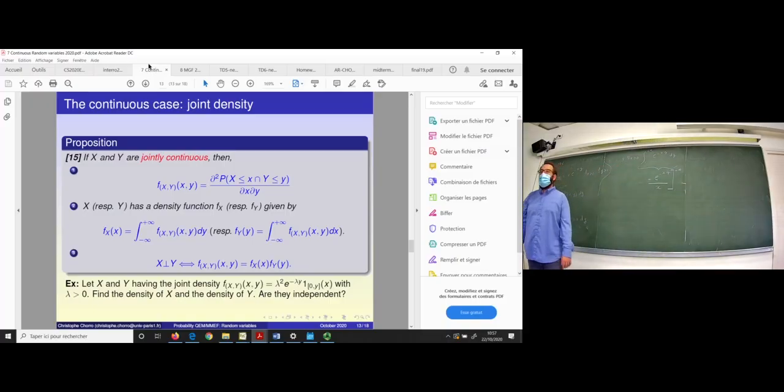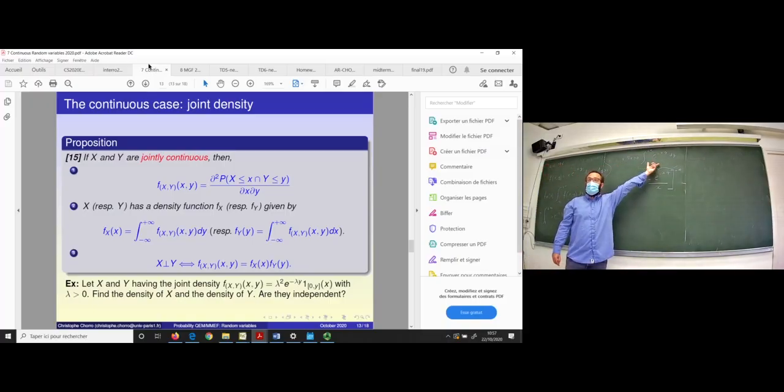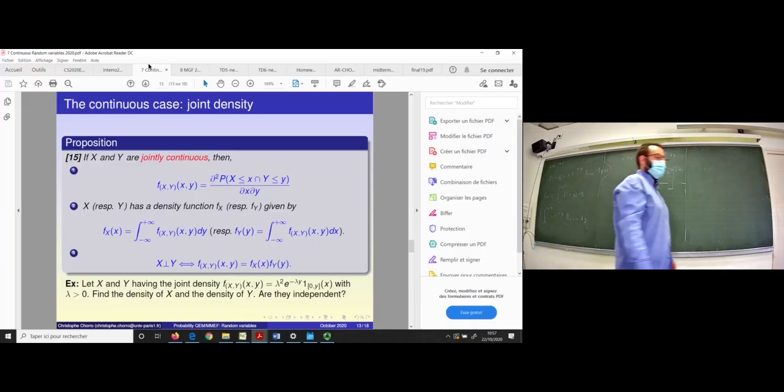When I integrate, x is like a constant here. I know what the primitive of an exponential this way is.